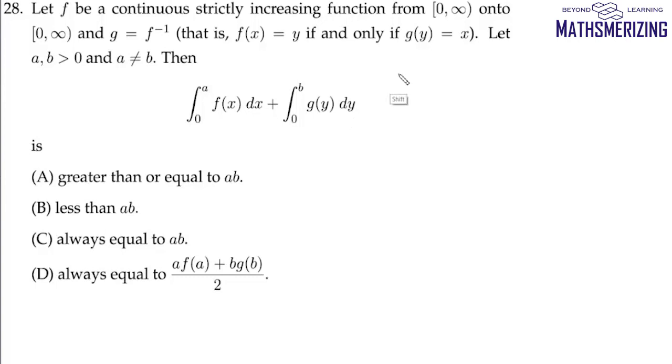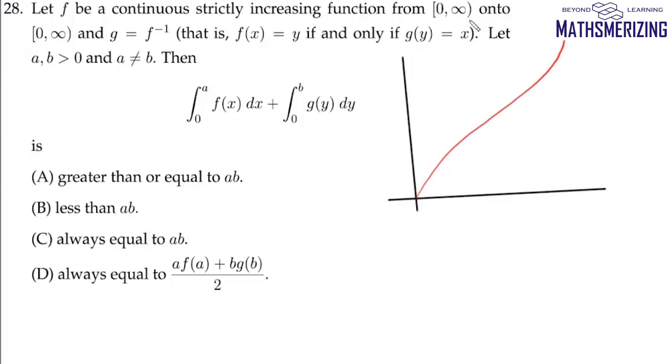Now what we'll do is, we'll randomly take up a graph. This function f(x) is continuous and strictly increasing, and it is an onto function from 0 to infinity. So suppose that is the graph of y equals f(x). Now this integral from 0 to a of f(x) dx is nothing but the area of this function f(x) from 0 to a with the x-axis.